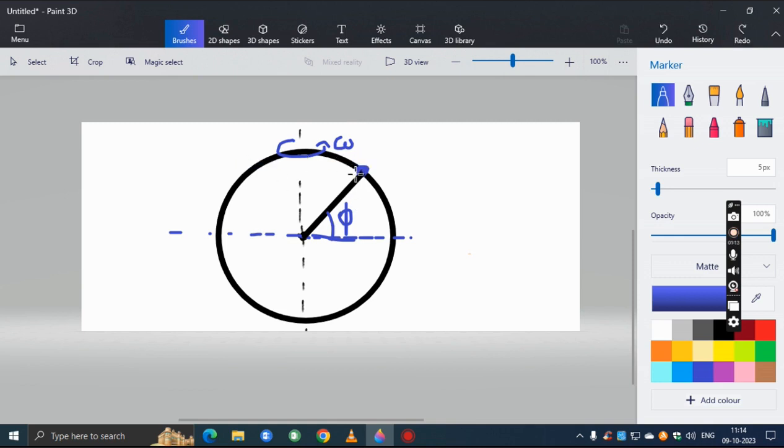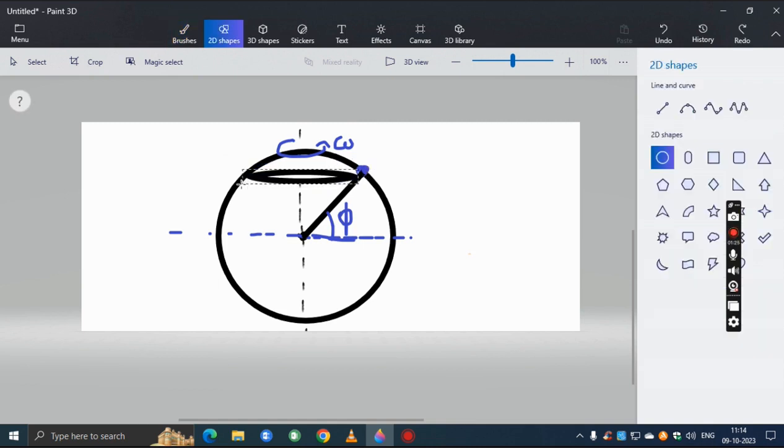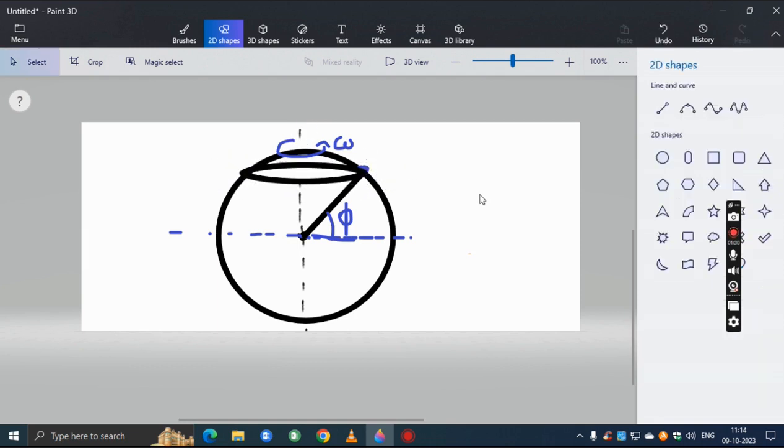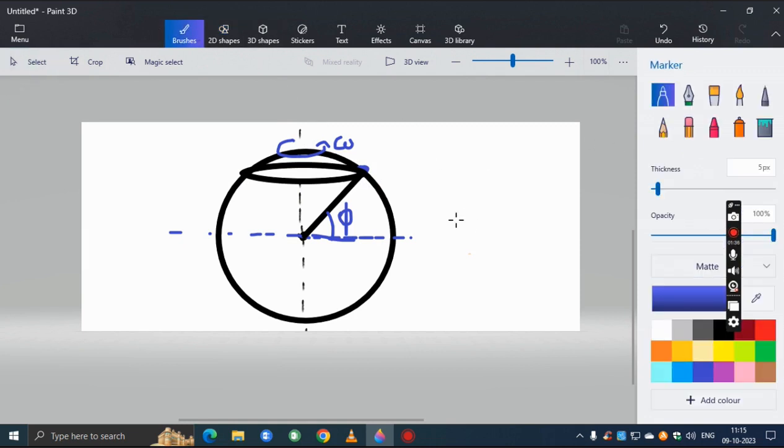So this object is undergoing circular motion. And now let me say that the radius of that circle is r. I don't want to make it too clumsy. So if you can remember this, the radius of this circle is r. Now, what are the forces acting on this?